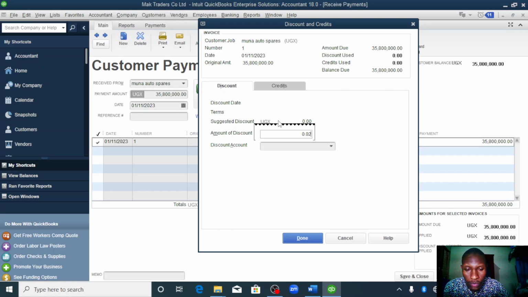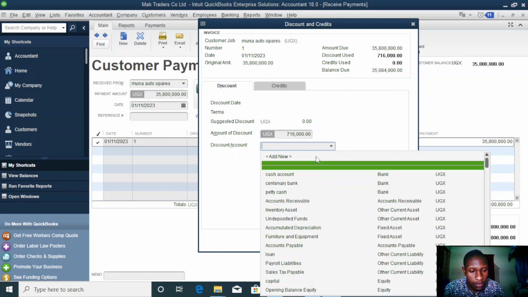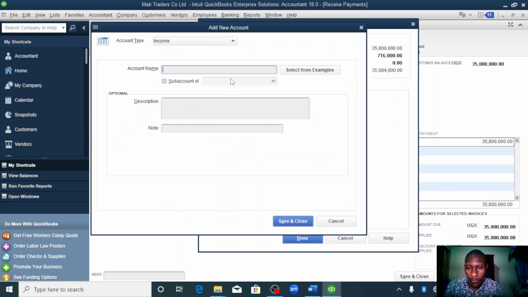We go to enter, then we update the account, that is discount allowed. We add it there since it is not already set, and it is under expenses.